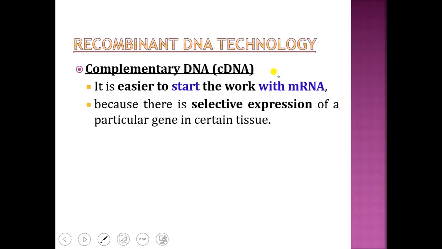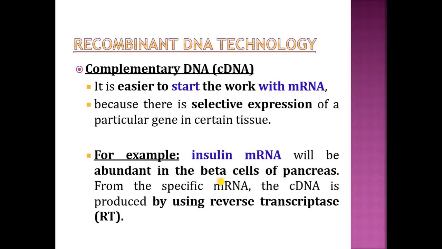For example, take insulin. The gene for insulin is present in each and every cell of the body, but it has selective expression in the beta cells of the islets of Langerhans. So the insulin gene is expressed only in the beta cells. From that gene, the mRNA is first synthesized by the process of transcription, and this mRNA undergoes translation and produces insulin.